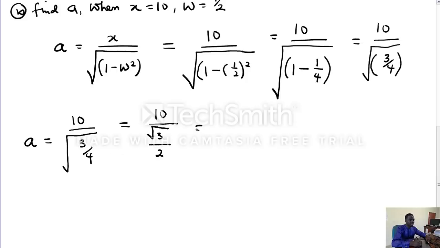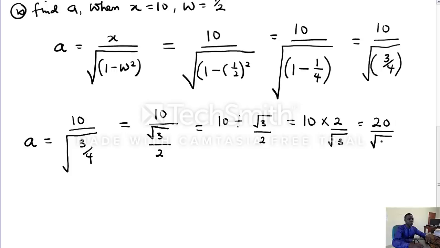So this can be simplified further as 10 divided by root 3 over 2, which can be further simplified to be 10 times 2 over root 3, which will give us 20 divided by root 3.